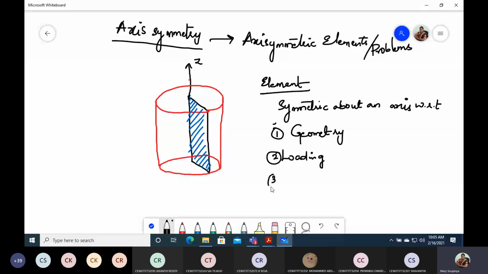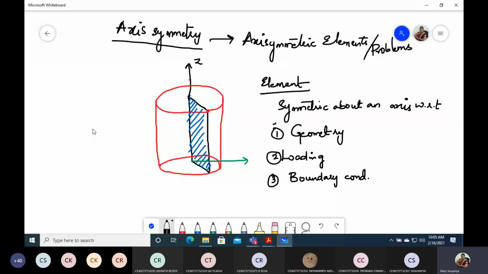And the last one is boundary conditions. See, if we see this element here about the z-axis, it is symmetric. Okay, about the z-axis, it is symmetric.